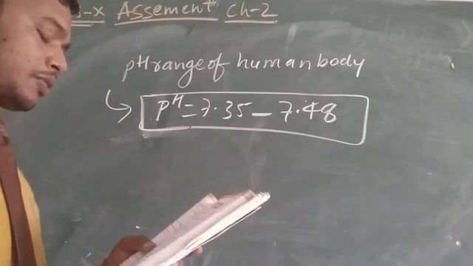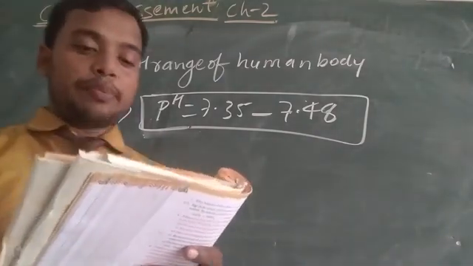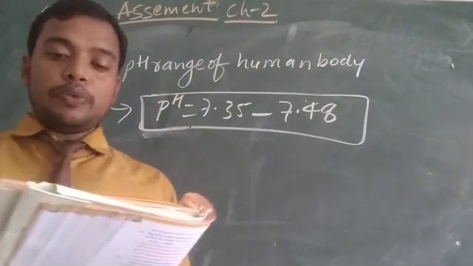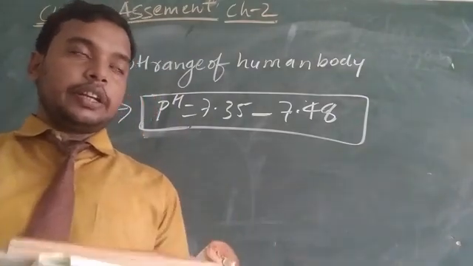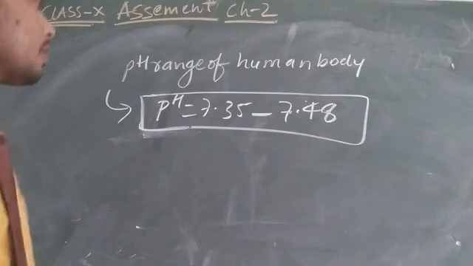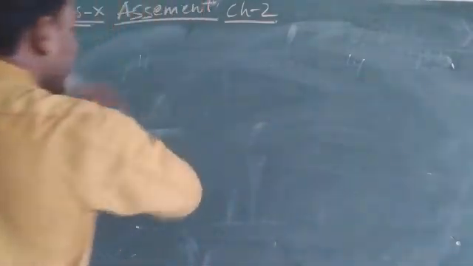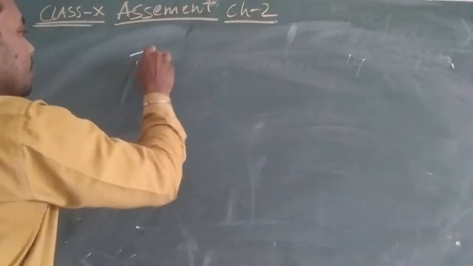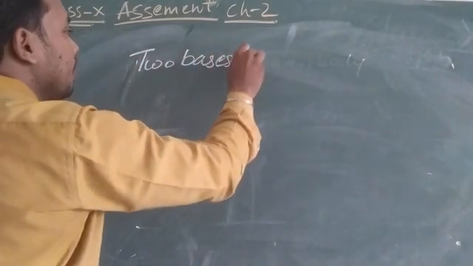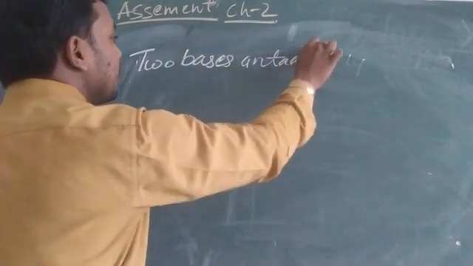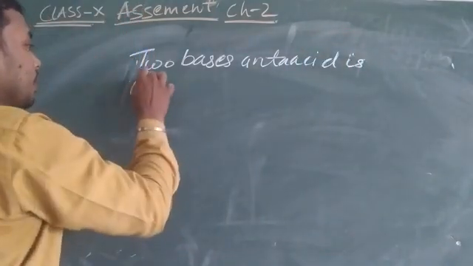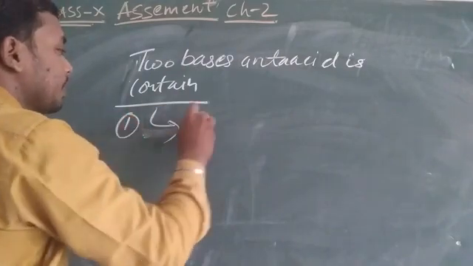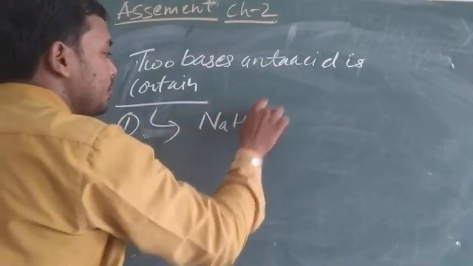Next question: if you are suffering from hyperacidity, then you should take an antacid. Which two bases could an antacid contain? The first one is NaHCO3.